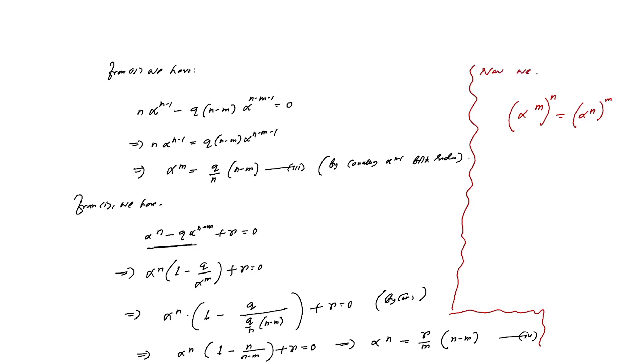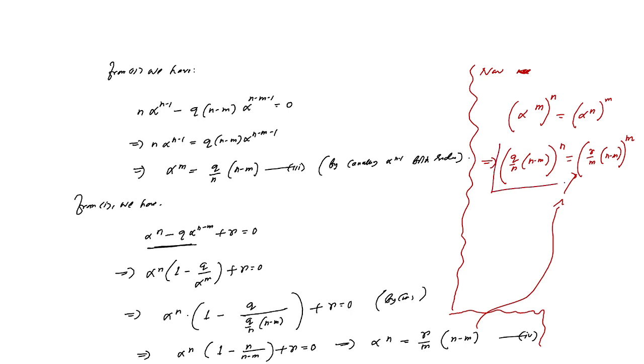Now we just put the value of alpha to the power m from 3, so that means (q by n into (n minus m)) whole to the power n. And alpha to the power n, that value here, that means (r by m into (n minus m)) whole to the power m. So this is proved.